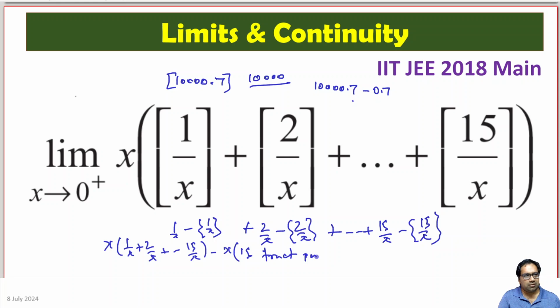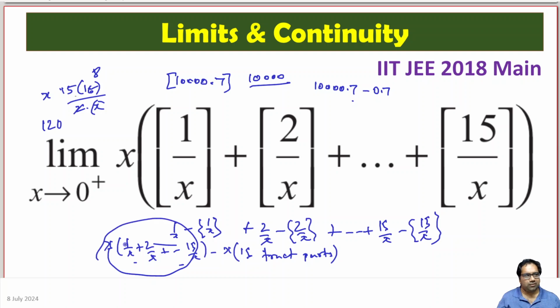Now we can clearly see x times the sum of 1 plus 2 up to 15, all by x, minus x times the sum of 15 fractional parts. Now the first part becomes x times the sum 1 plus 2 plus up to 15 divided by x, because the denominator is common. Using n into n plus 1 by 2, this is equal to 15 times 16 by 2, which is 120. The first part of it is actually equal to 120.